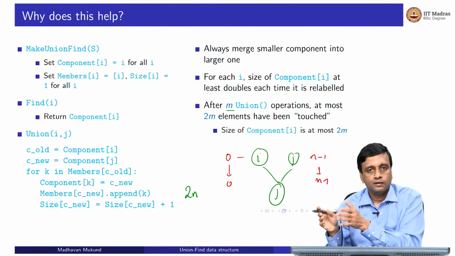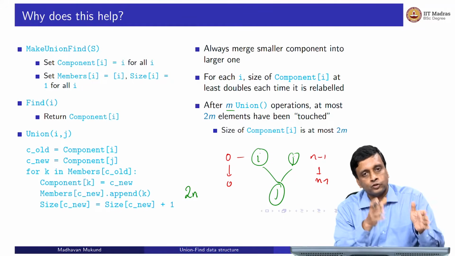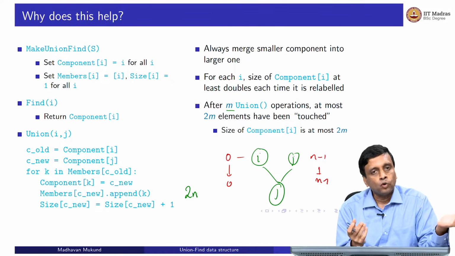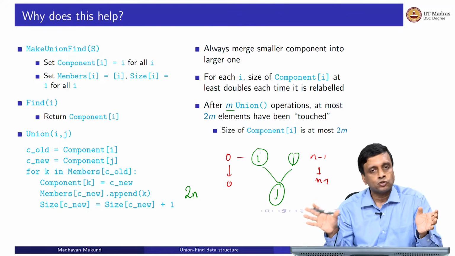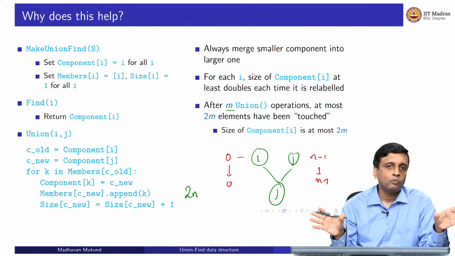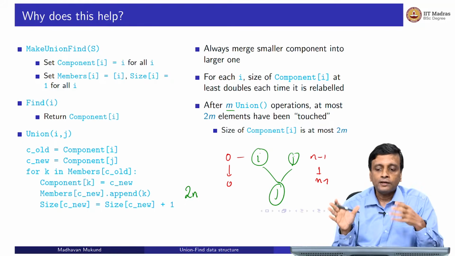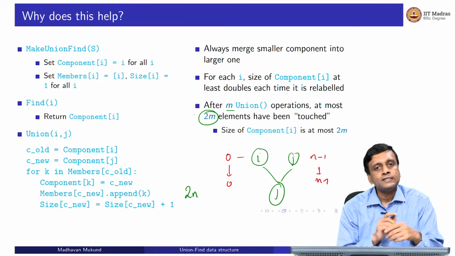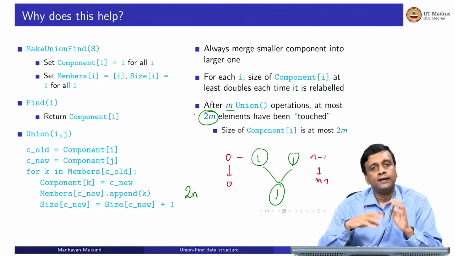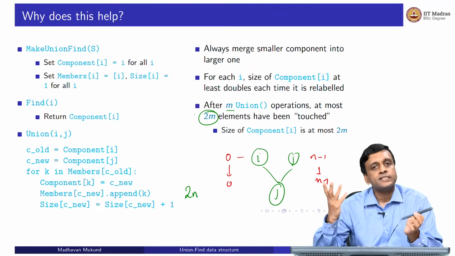The first union merges these two, the next union merges these two. But I can't do any more than that, I claim, because if I don't take 2 new elements, then I must be taking some set which has already been touched and one more element, right. So at most I can touch 2m elements. So this means that at most 2m elements have had their component updated since the beginning.